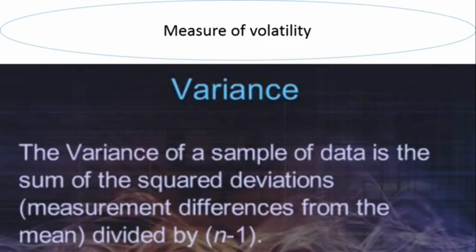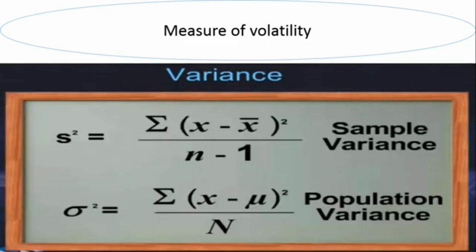That's what we call variance, which is used for the evaluation of volatility. The variance is calculated as we can see on the screen: the sum of the squared differences from the mean divided by the number of samples minus 1.